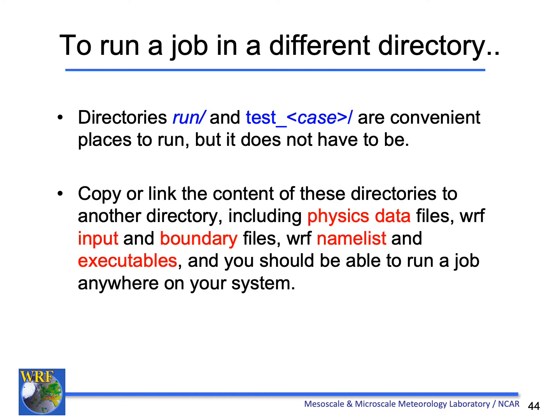We just need to make sure the input data, the physics data files, model executables, and the namelist files are available in the new directory. We can imagine a scenario where we keep the compiled code in one place on our HPC, but we may want to make multiple model runs in different locations on the disk.